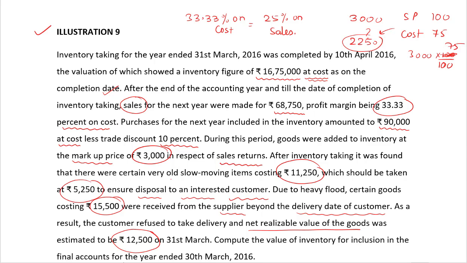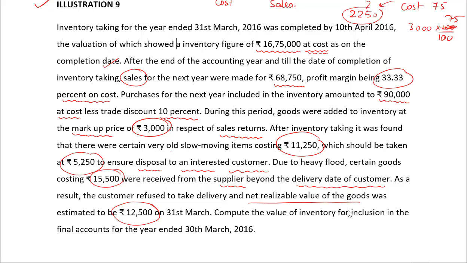So again there is a reduction in the value of 3,000, because of the delayed delivery. 15,500 was the earlier amount, but now the net amount is 12,500. I believe you understood. Compute the value of inventory for inclusion in the final accounts for the year ended 31st March 2016. I believe it is clear to all of you.